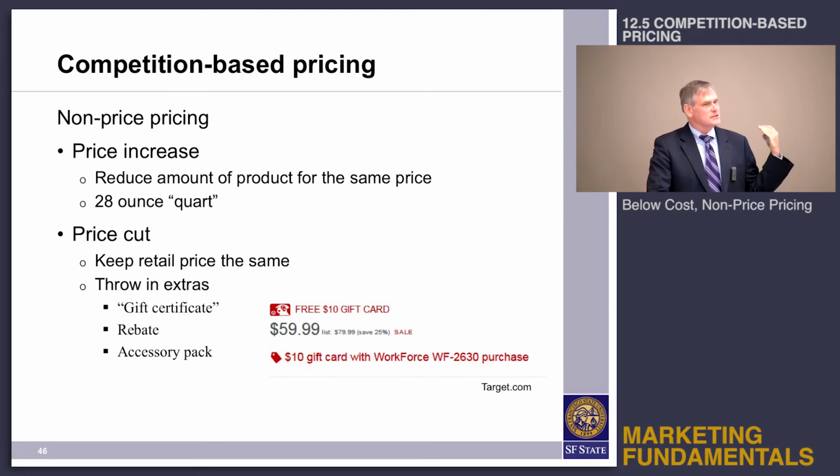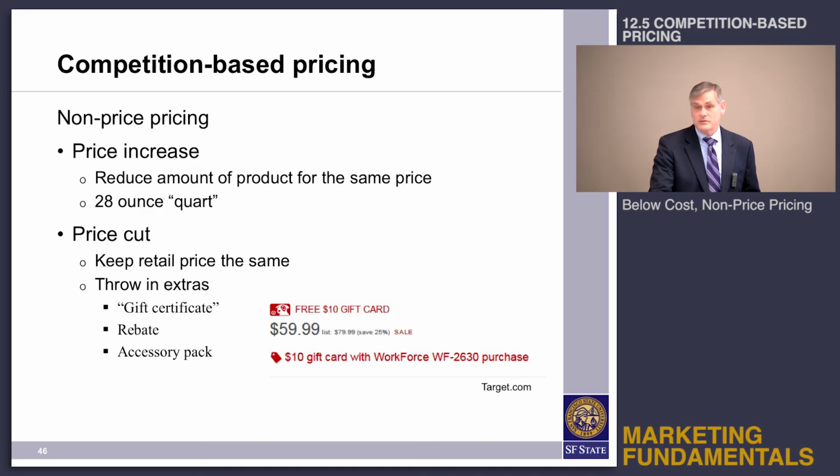So yeah, one of the ways to do a price increase is to keep the price the same but reduce the quantity. The other side is I can do a non-price price cut. And this is where I'll keep the price the same but maybe throw in some extras. For example, it's very difficult to find somebody who is actively discounting an Apple product.